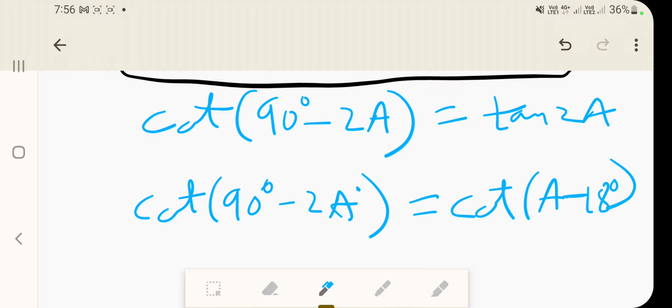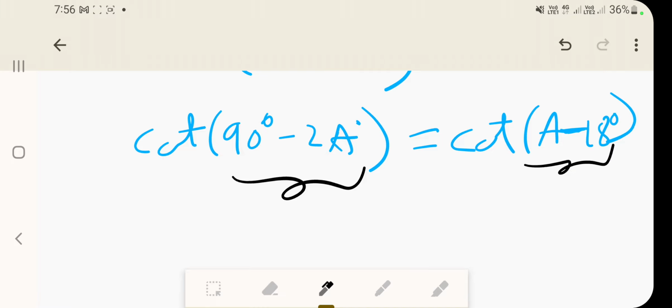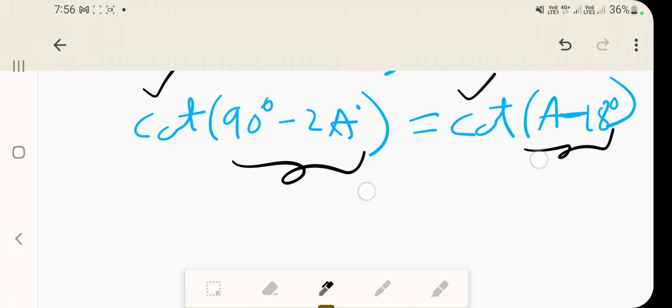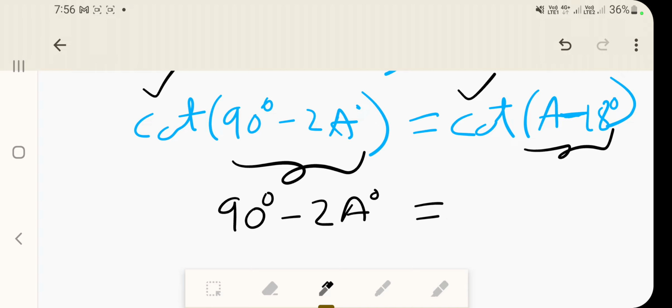Now both sides have cot, so we can equate the values in the brackets. So we can equate it as 90 minus 2a is equal to a minus 18 degrees.